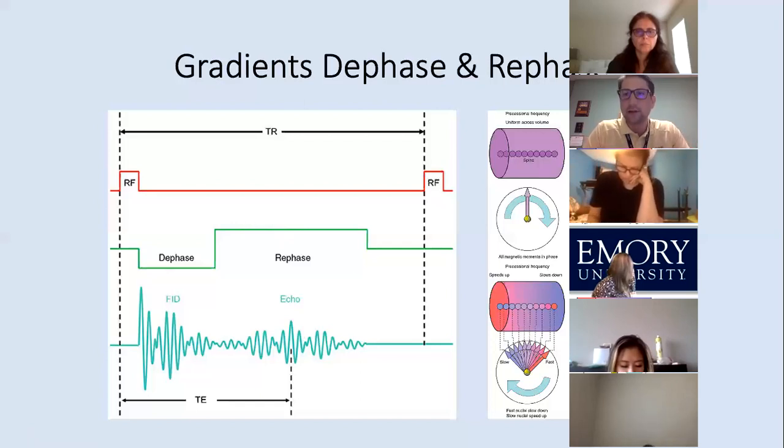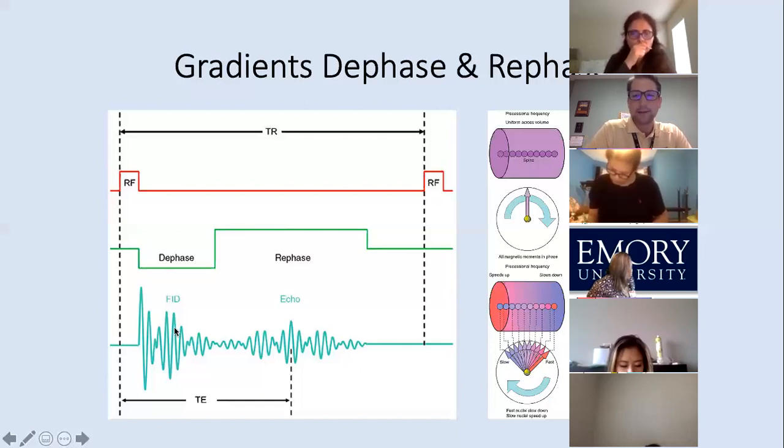It's not as good at getting rid of those field inhomogeneities. So your signal amplitude is not going to be as high, but you still get some signal, and at way less scan time. So our scan time is going to rapidly decrease.